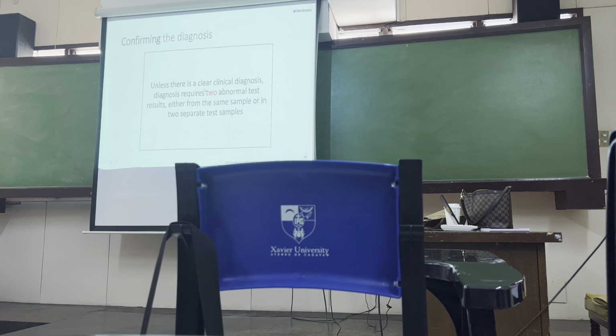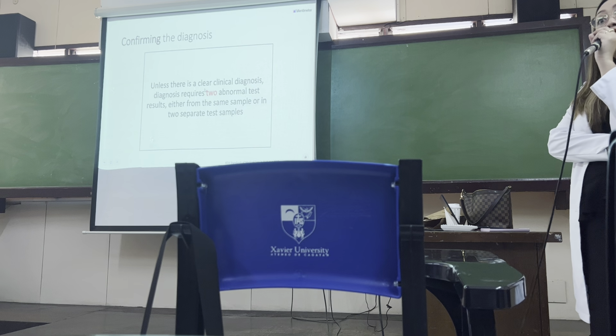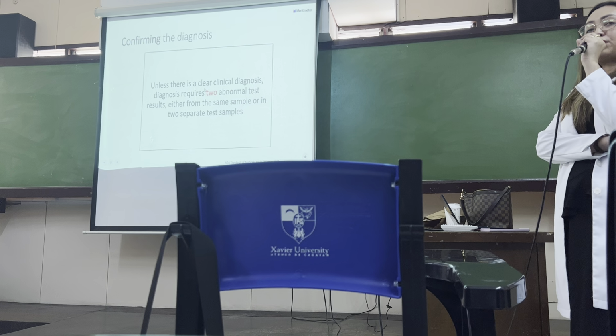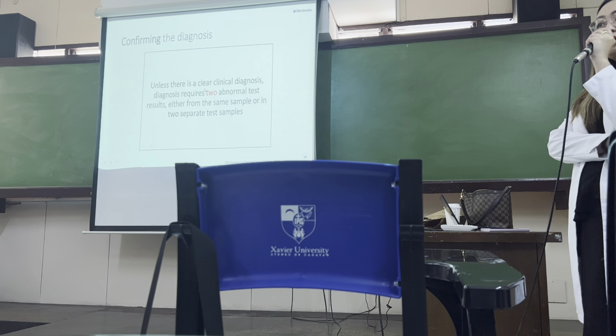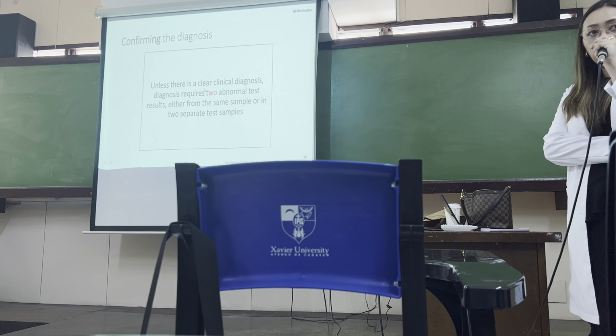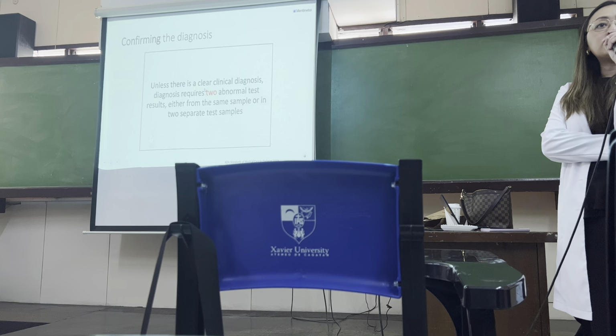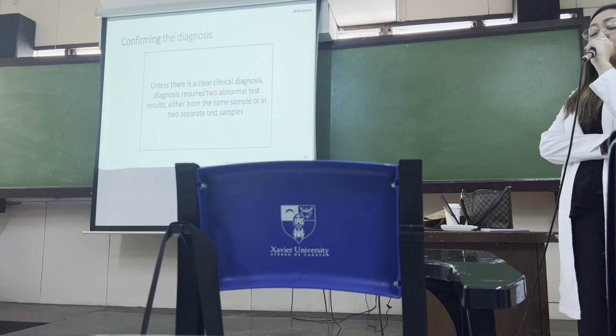So, we will not be satisfied in terms of confirming the diagnosis, unless the patient is symptomatic and you have a very high index of suspicion, going back to what I mentioned, no? Or let's say a patient comes in just for an annual physical examination, requested by the company, nagpa-executive lang po. And then the patient is asymptomatic, came in with a result of FBS 128 milligrams per dl.